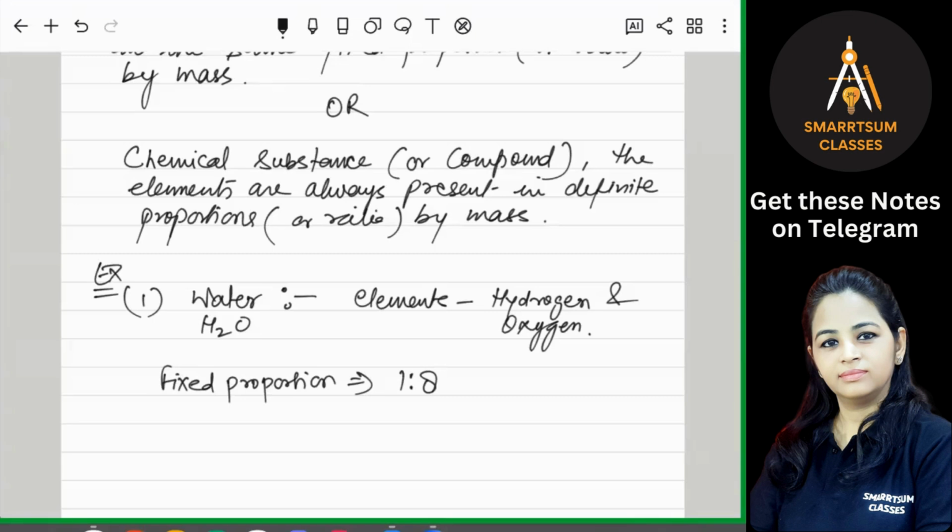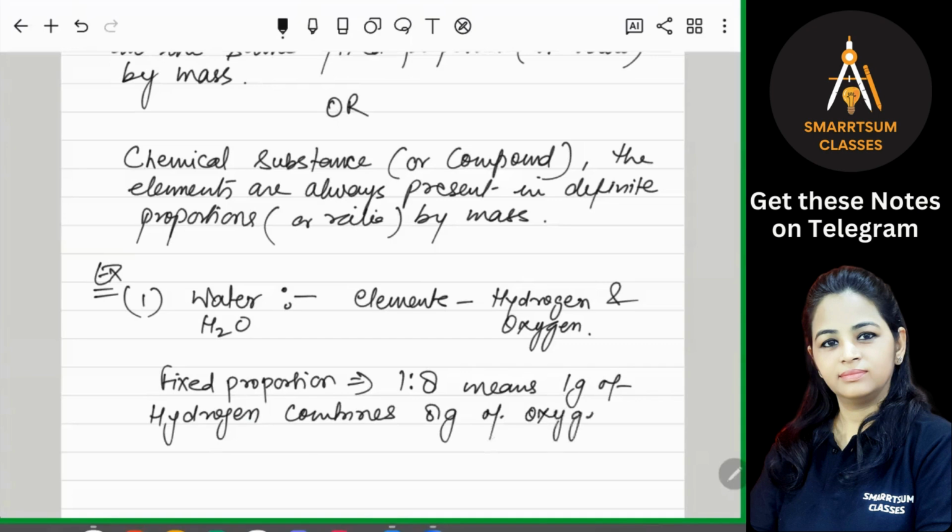So 1 gram, what does it mean? It means 1 gram of hydrogen combines with 8 gram of oxygen to get 9 gram of water. So this is the fixed proportion by mass, and it will remain the same every time, right?